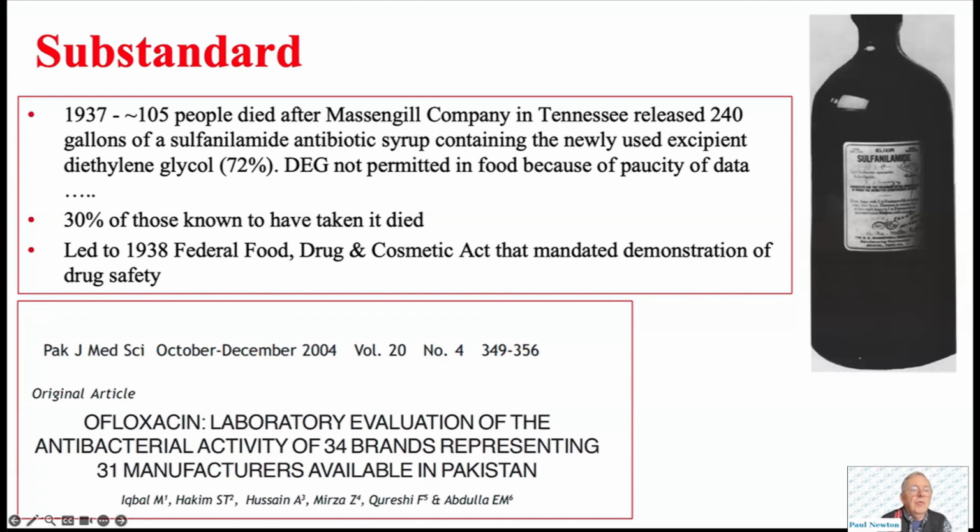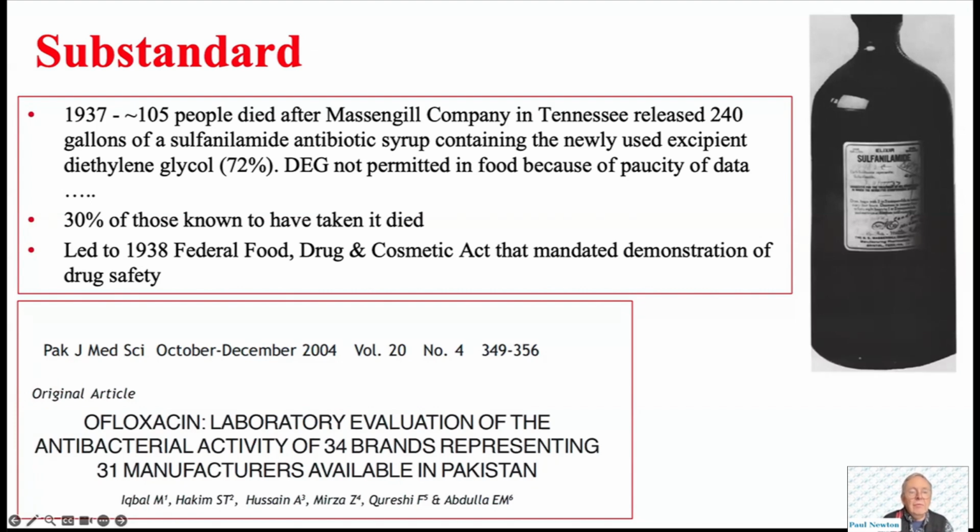Multiple other examples, this landmark study from Pakistan where they fascinatingly used the technique, if you like, an inverse antibiotic susceptibility testing, where they took ofloxacin available on the market, they made it into a liquid form, and they put this on agar plates of 3 different reference bacteria, and found that 4 of those brands had no activity whatsoever on fluoroquinolone-susceptible E. coli.